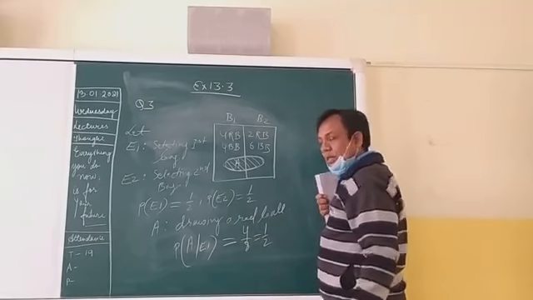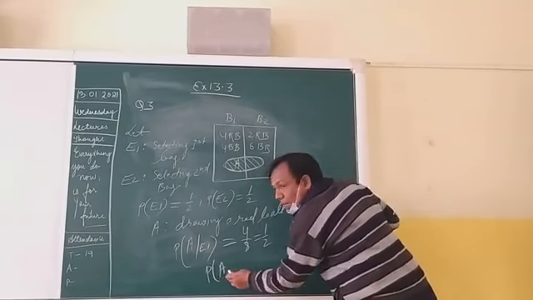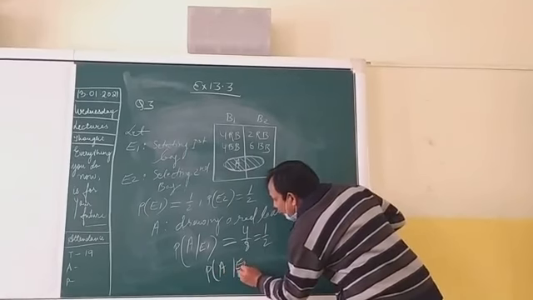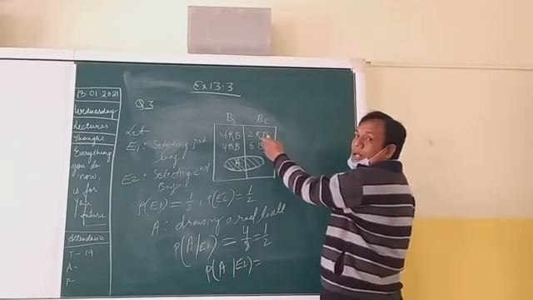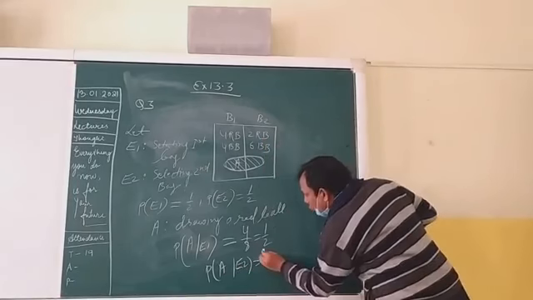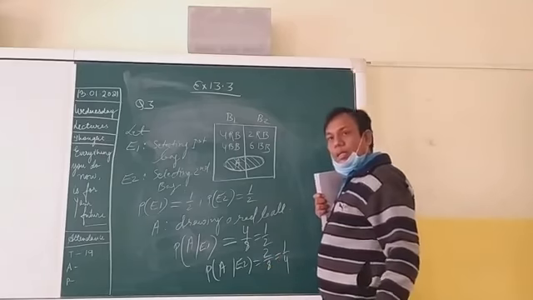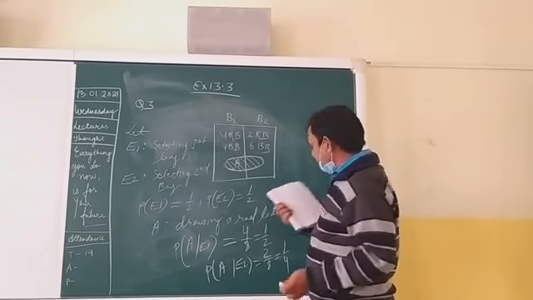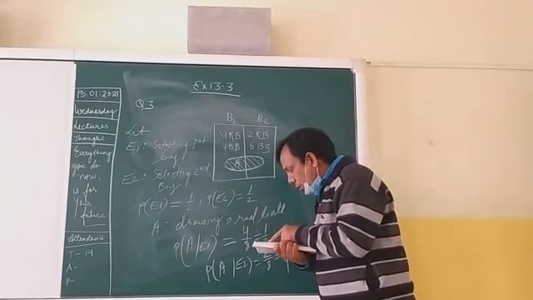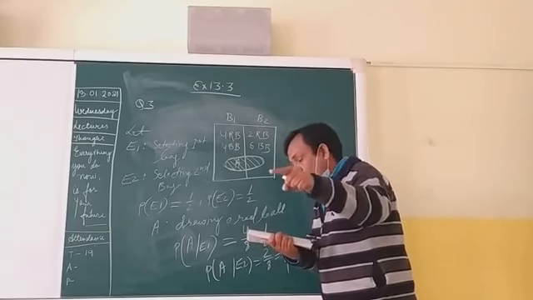Now, next we have to find the probability of the red ball from the second bag. In the second bag there are 2 red balls and total balls are 8. So it will be 2 by 8, so it will be 1 by 4. Clear?